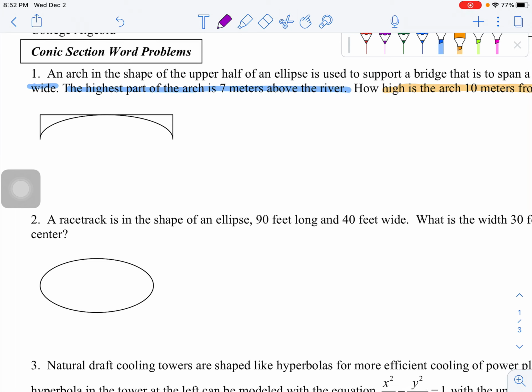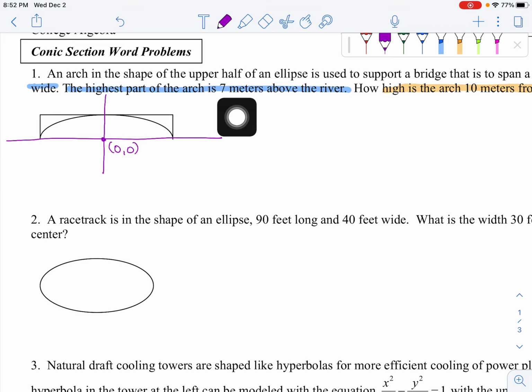All right. One of the things that is going to be the easiest to work with these is to create an X, Y axis so that the center of your ellipse is at 0, 0. That's going to make working with these numbers a heck of a lot easier.